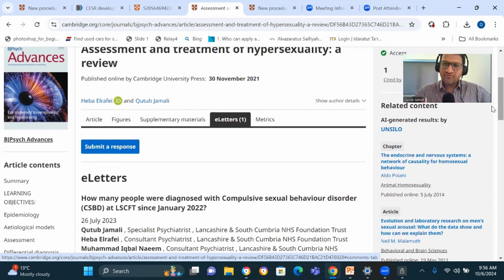This was a way of showing the different types of work which you can potentially submit as an e-letter. The first example was around medical education. The second example was around a clinical scenario.